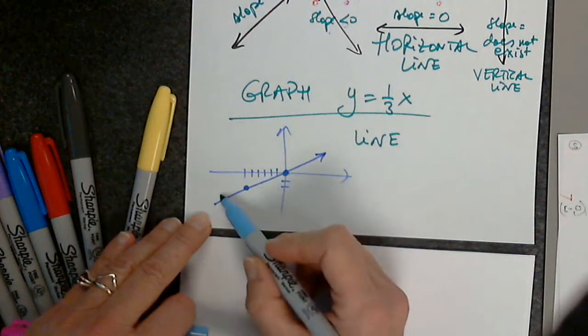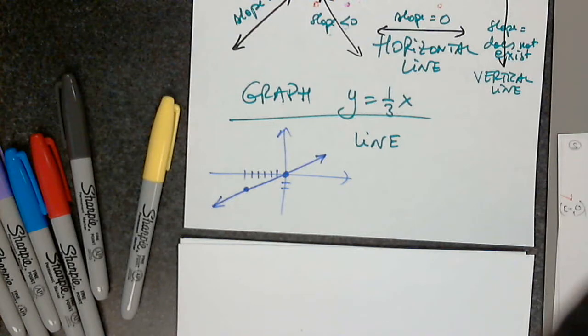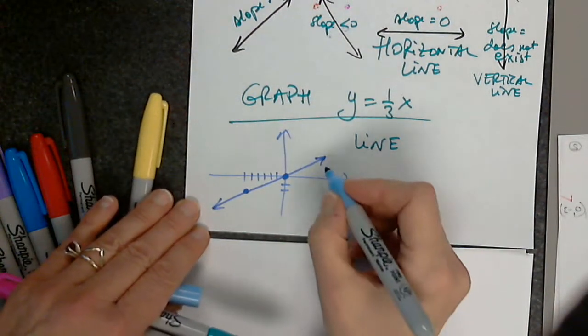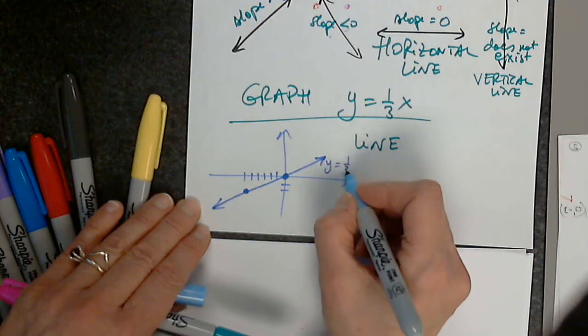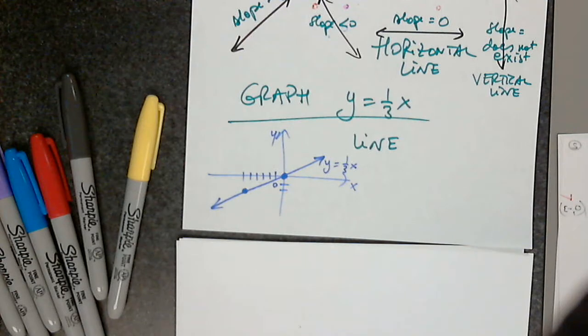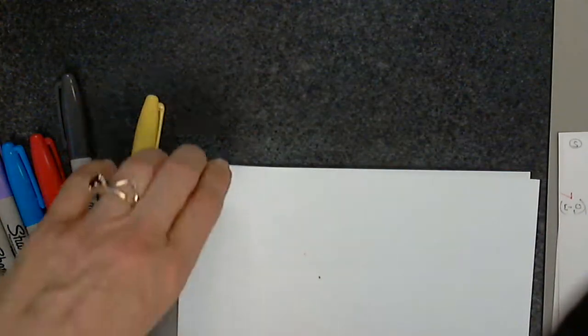Always have to write the equation of the graph, line or otherwise, on the graph somewhere. I graphed y equals 1/3 x. Any questions? Is that all you have to graph on this one? If it's a graph, you graph it. Yep. That's all we needed.